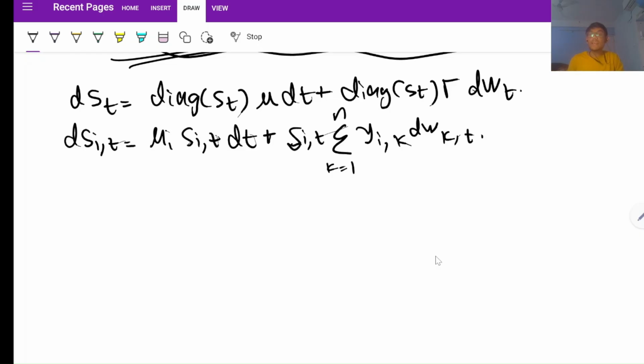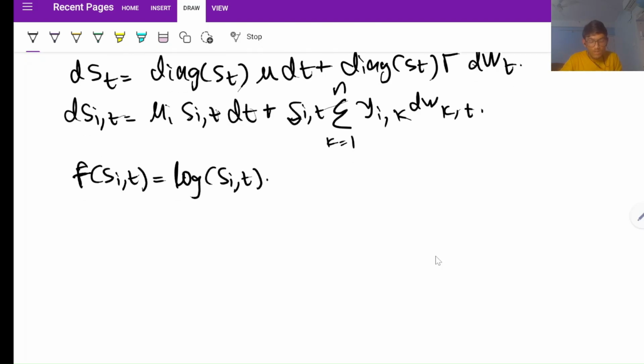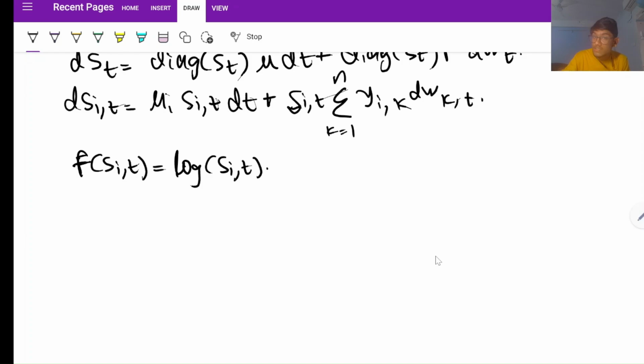Now, similar to the case for GBM for a single asset, where we had defined the function f of St equal to log of St, similarly we could define for each asset in this M-GBM case the function f of S_i,t equal to log S_i,t, right? And so similarly one could write the expression for df using the Taylor series expansion.